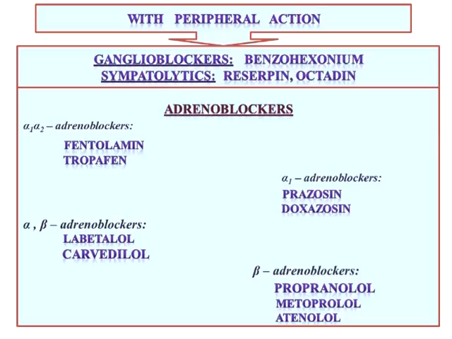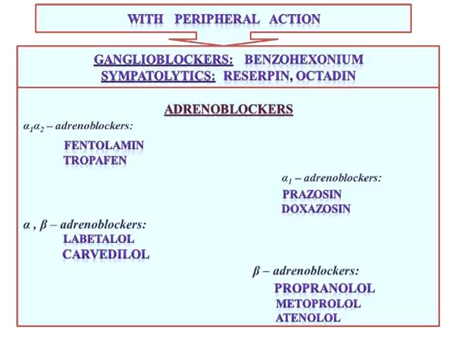And a main group of these neurotropics, adrenoblockers, which include adrenoblockers inhibiting alpha-1 and alpha-2 adrenergic receptors. To this group belong phentolamine and tolazoline. Selective adrenoblockers, which inhibit only alpha-1 adrenergic receptors, include the next drugs: prazosin and doxazosin.